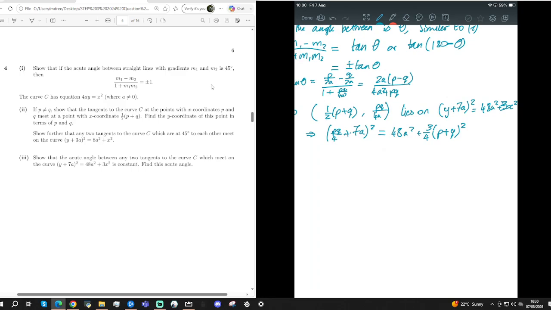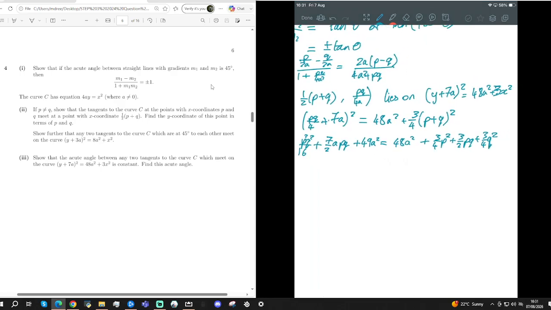Okay, so I can expand everything out. I'm hoping to get something like that expression, but right now I'm a little bit doubtful. Over 16 plus, this is going to be 7 over 2 APQ plus 49a squared equals 48a squared plus 3/4 p squared, 3 over 2 pq plus 3 over 4 q squared.